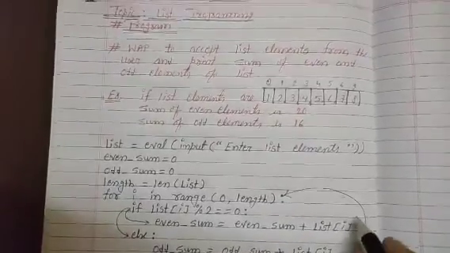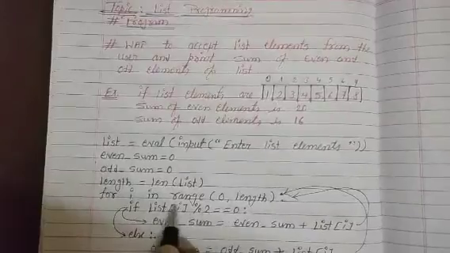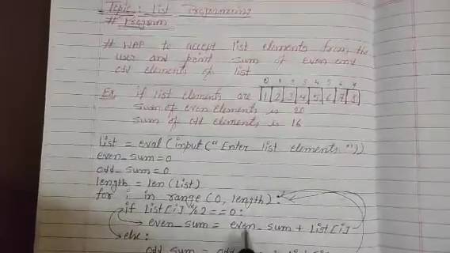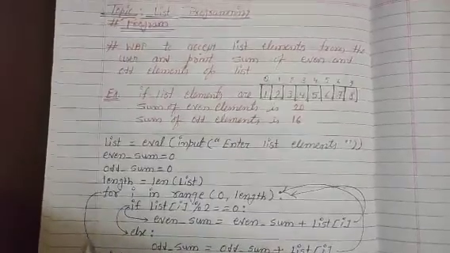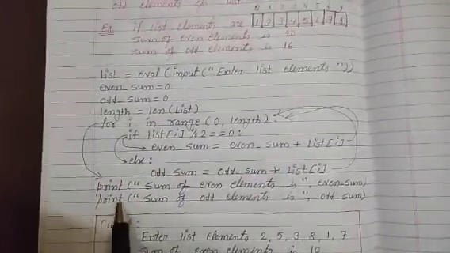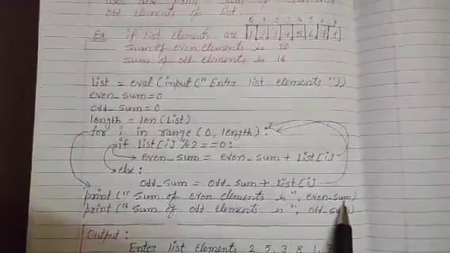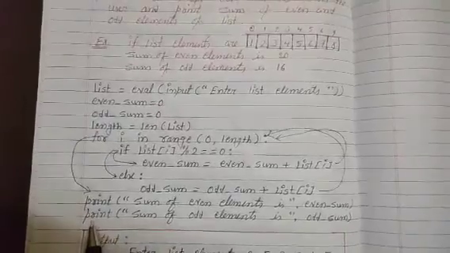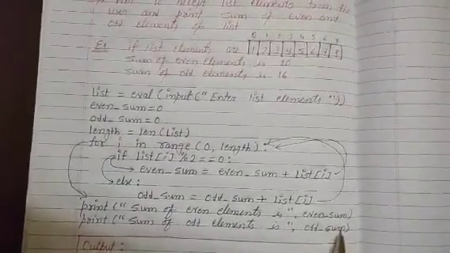Now this process continues until the list is over, and then after the list is over, control transfers outside the loop and displays: print sum of even elements is even sum, and the next statement, print sum of odd elements is odd sum.